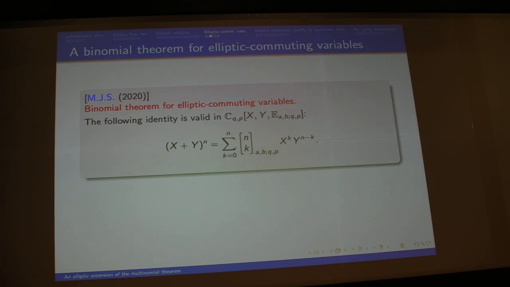So if you, in this elliptic algebra, normalize the coefficients of (x plus y) to the n, so put the y's to the most right, then x, you normalize the variables, then the x's, and then whatever you have here, a and b should mutually commute. These are these elliptic binomial coefficients. And of course, it's easy to do this by induction using the recursion of the elliptic binomial coefficients.